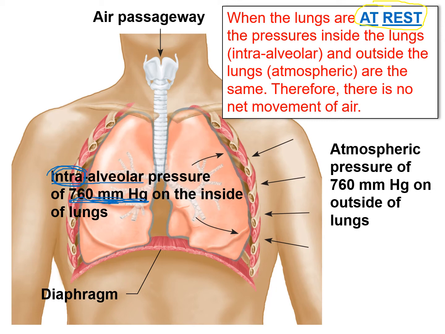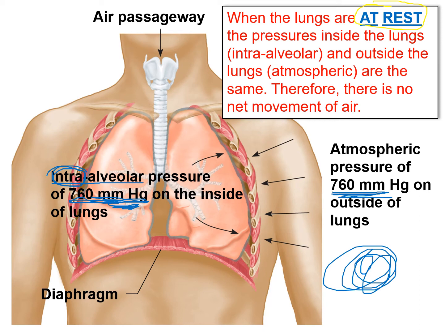That unit, millimeters of mercury, is a pressure. And we're going to compare that intra-alveolar pressure of 760 at rest to the outside pressure in the air, which happens to also be, as you'll note, the same number, 760.